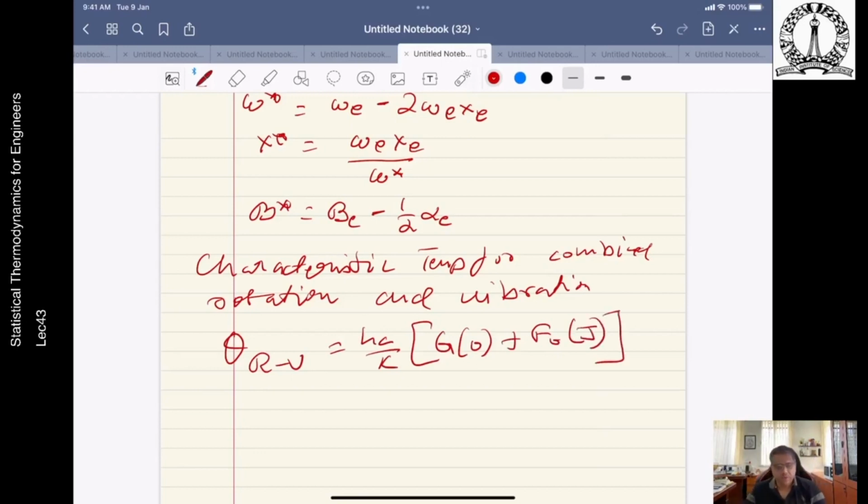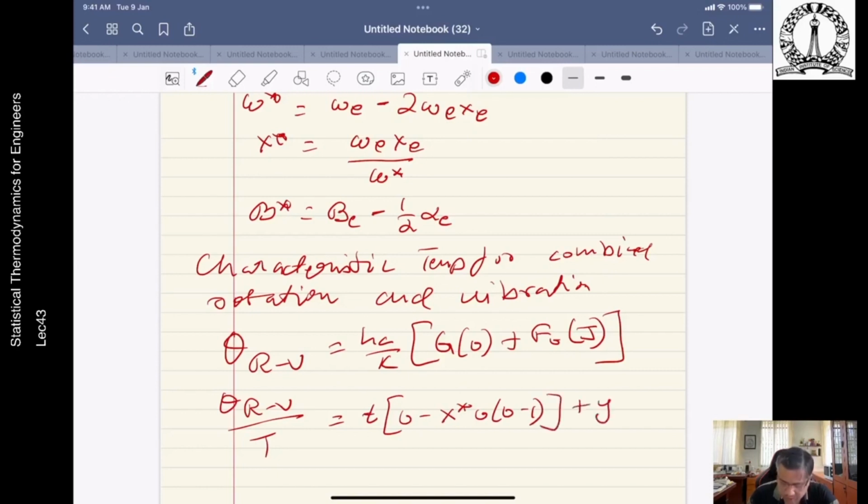Now if you write it in a proper form divided by T, this will be theta V by T times V minus X star V into V minus 1, plus Y into gamma J into J plus 1 minus delta V. We will write out what all the symbols are in a bit.